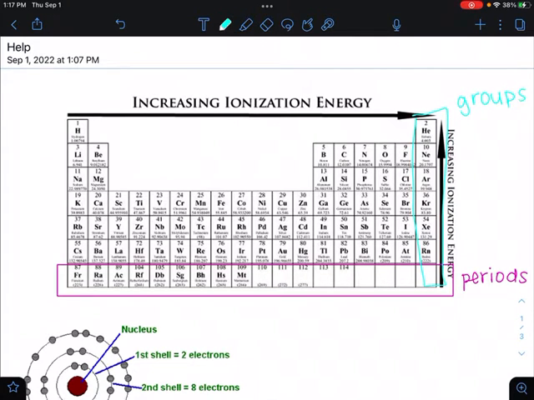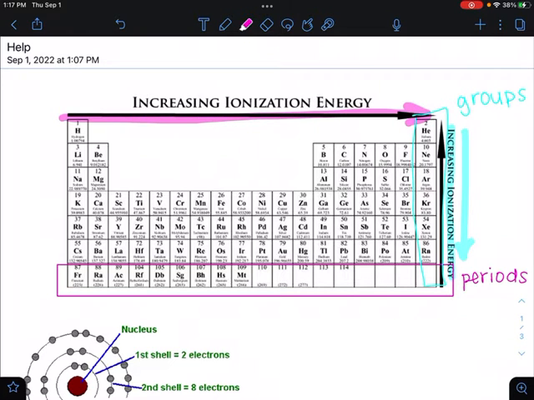So when we look at the arrows, we can see that it's increasing ionization energy as we go up a group, or it's decreasing as we go down the group. Now, for the period, we see that it's increasing ionization as we go from left to right.